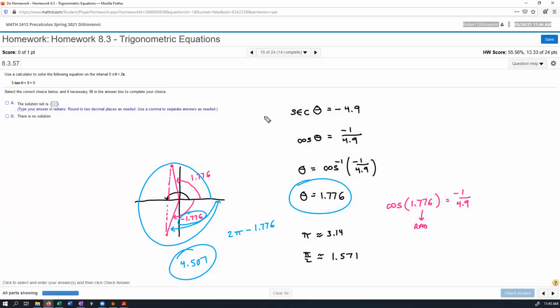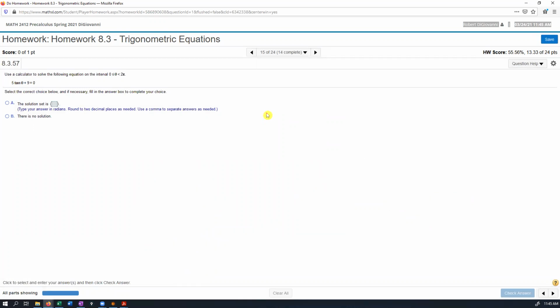All right, so this one, use a calculator to determine the solution. 5 tangent theta plus 9 equals 0. So I will move the 9 to the other side, and then divide both sides by 5.